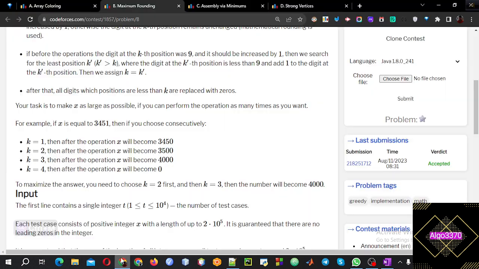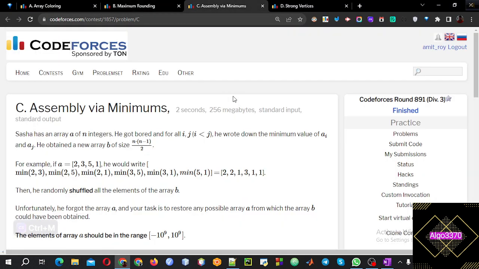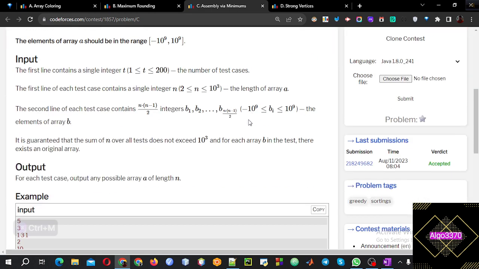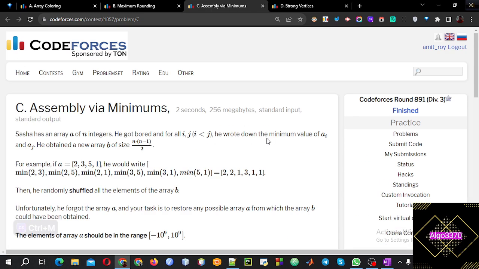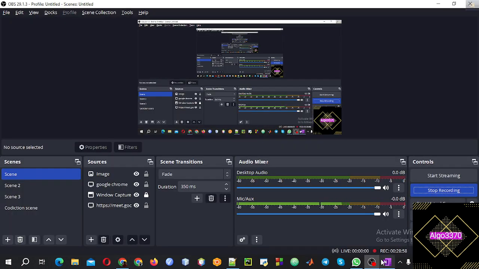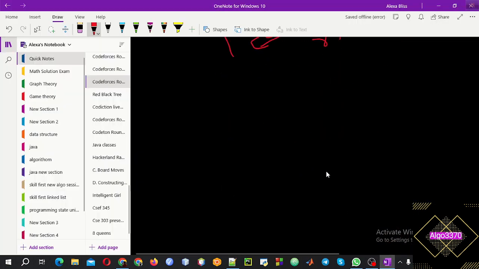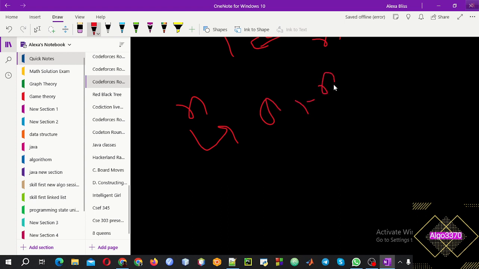Now let's discuss problem C, Assembly via Minimums. What is the main requirement of this problem? The main idea of this problem is that some person X has an array a of length n. He is very bored with this array.